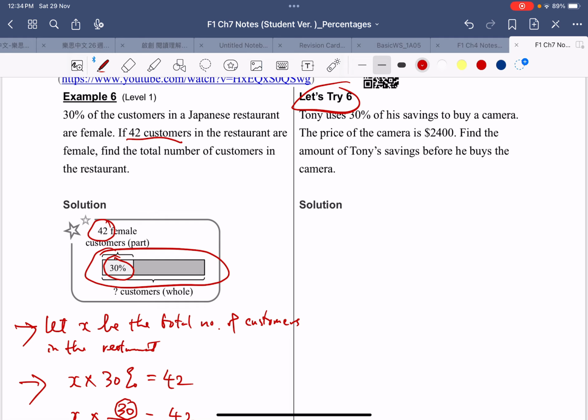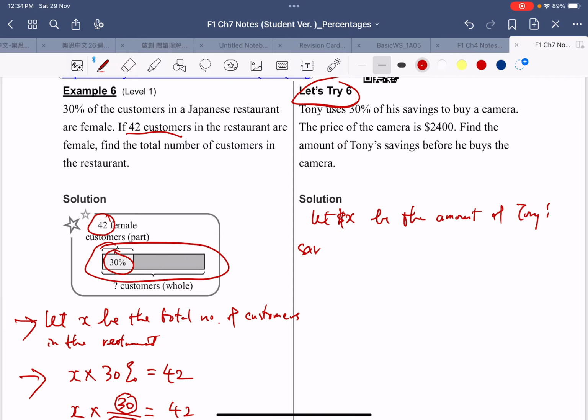Okay, so let x again be the amount, I missed the dollar sign, you need to add this dollar sign, of Tony's savings before he buys the camera.